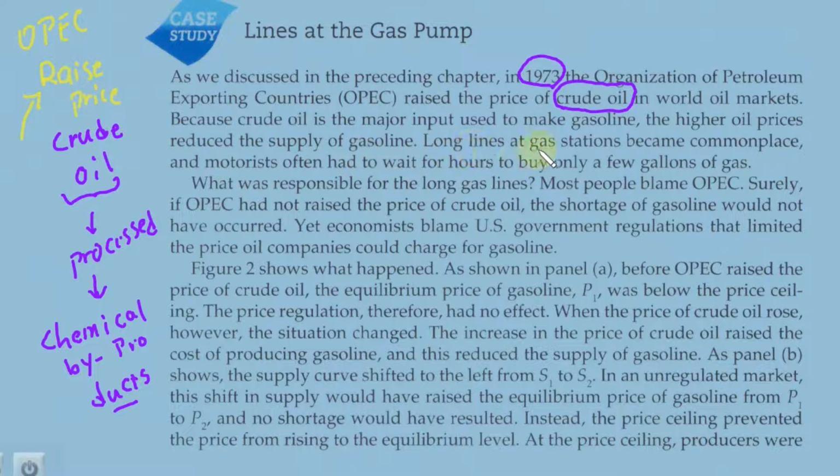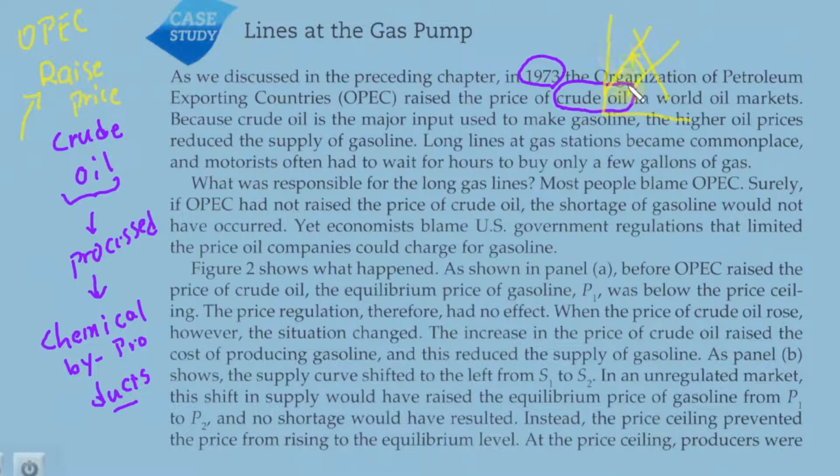In the long run, what can happen? As we have studied, look at this. This is the supply line. As this supply line moves to the left, as they reduce the supply, the price will increase, right?